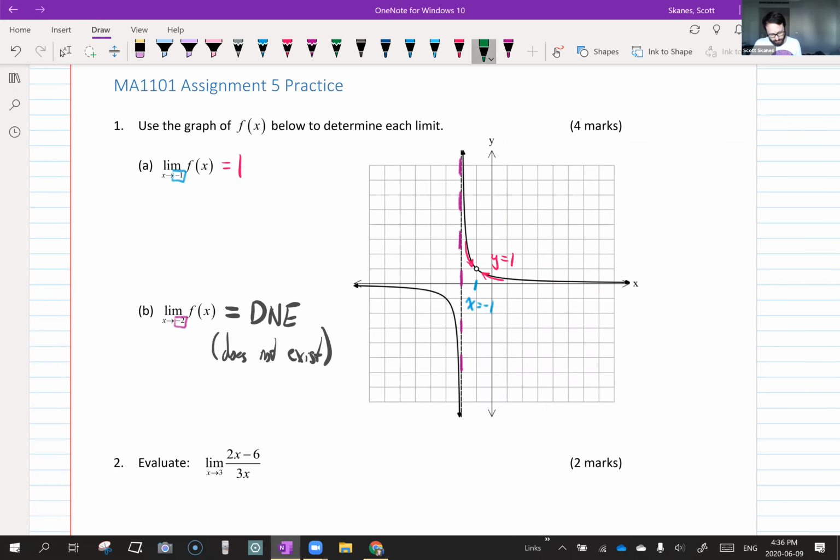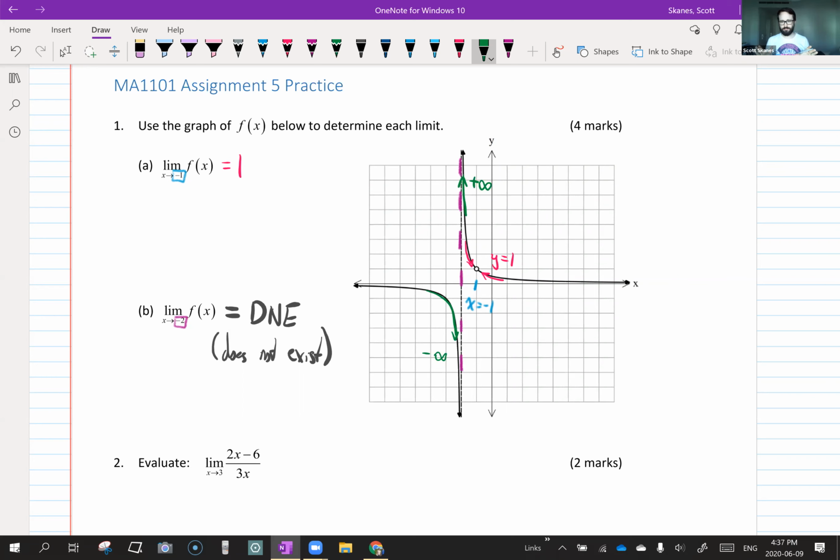Well, it does not exist because the limit from the left is telling me it's going to -infinity. The limit from the right is telling me it's going to +infinity. And if those two limits are not the same, if they're going in opposite directions, then they can't be saying it's the same limit. So it needs to be non-existent. It doesn't exist. The limit does not exist.